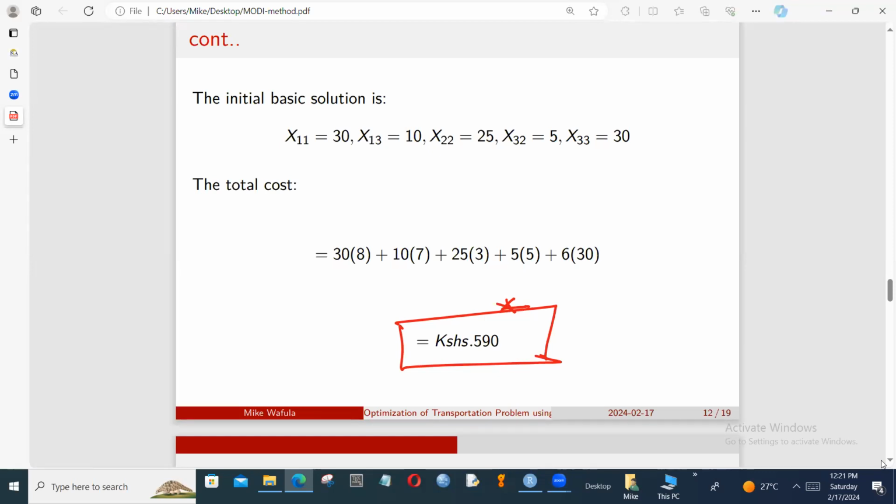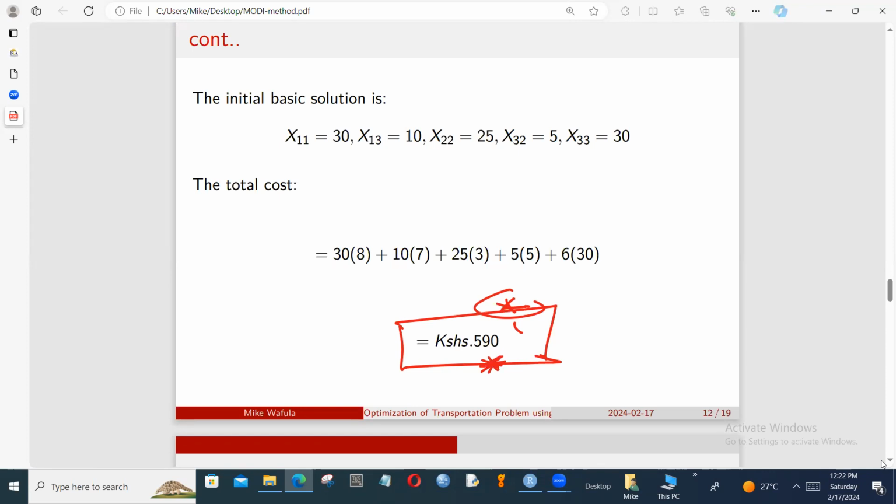But if you are in business and doing optimization, you want to see whether you can save some more money. So you want to see whether you can spend less than 590, but still meet the demands of all the destinations and exhaust all the supplies from the sources.